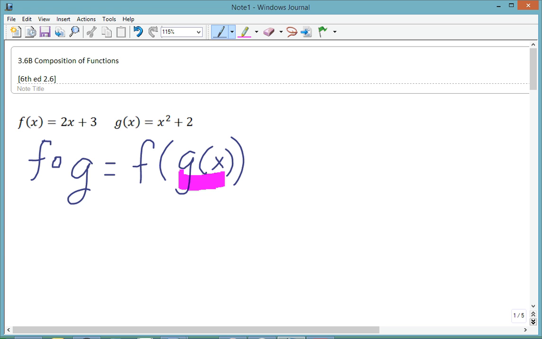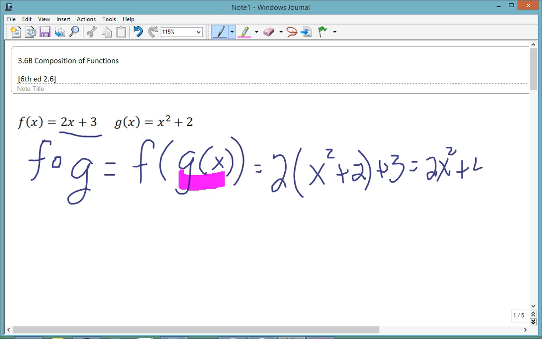So it would be our 2, because I'm working with the f of x function right here. So 2 times, and instead of x, I'm going to put g of x, plus 3, right? And then I would simplify, and I would get 2x squared plus 4 plus 3, which means this would be plus 7.